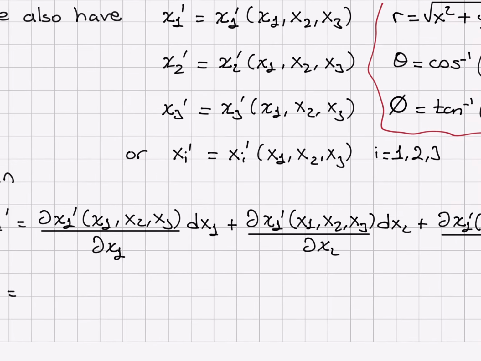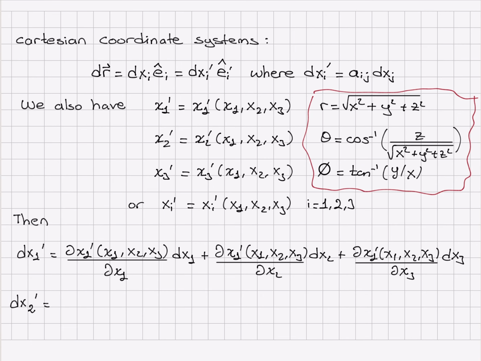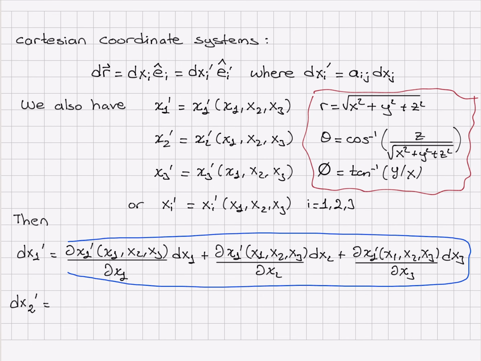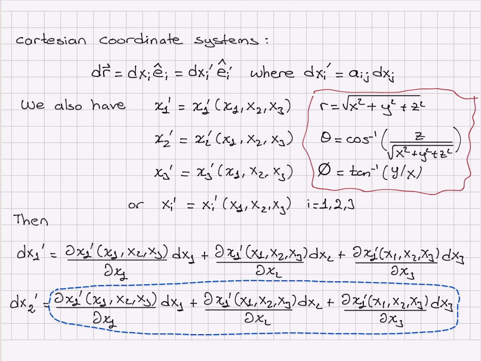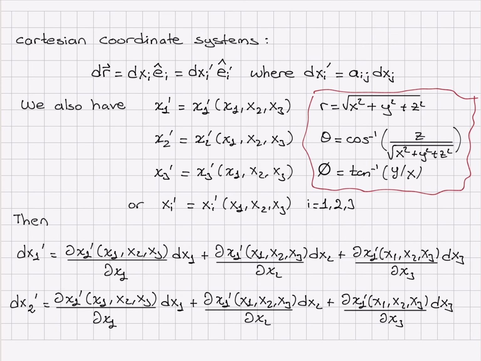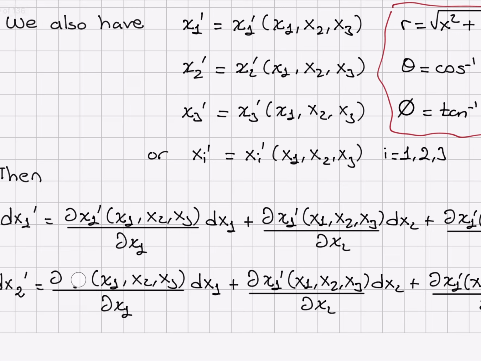And this can be done also for dx2 prime. It's the same thing here, except that I'm going to get partial derivatives of x2 prime. So this would be x2 prime with respect to x1, x2 prime with respect to x2, x2 prime with respect to x3. All right.